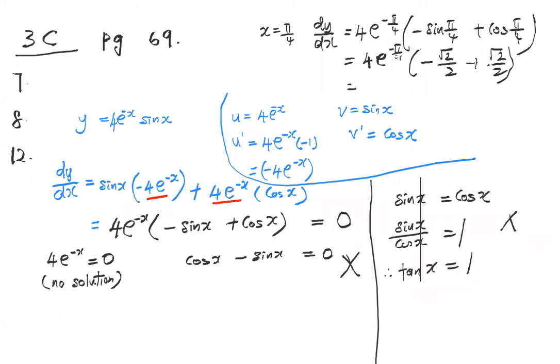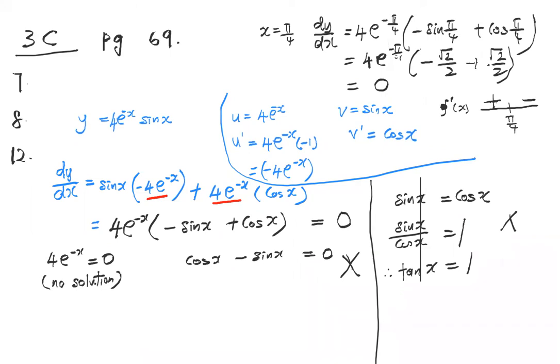Kosong. So show already, no? But you want to show that it's local maximum, correct? So you draw the sign diagram, no? Here is your pi by 4. Here is a plus. Here is a minus. So show already.